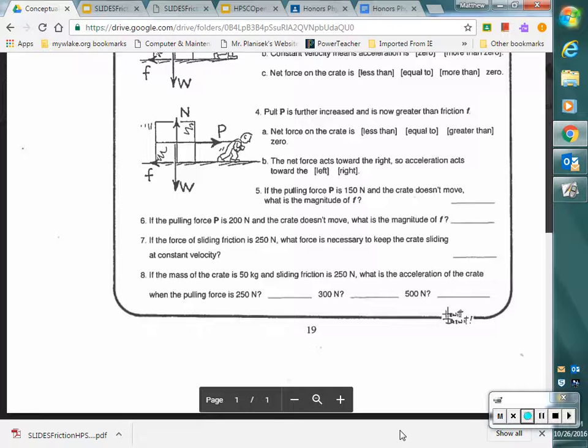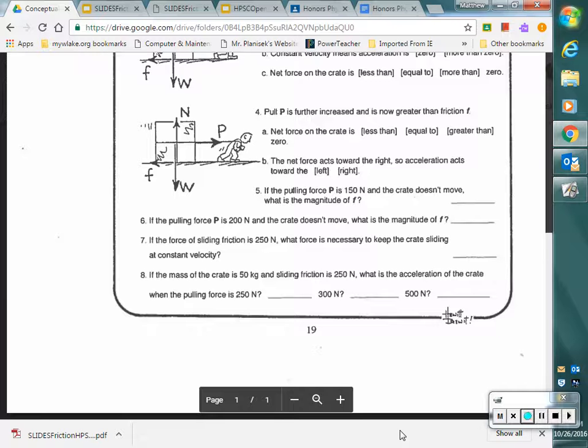So question number 7 is different than 5 and 6 because it wasn't moving in 5 and 6, now it is. What does it tell you about how it's moving in number 7? Constant velocity, right? So even though it's moving, if it's moving with a constant velocity, the net force is still 0. Okay? All right, good there?